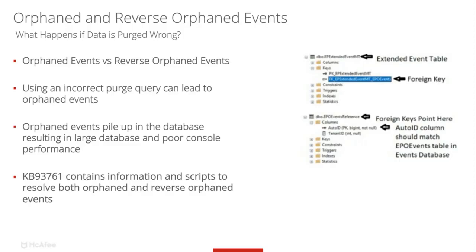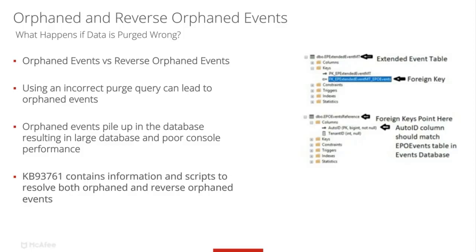That foreign key, which points to the ePO event reference table, has the cascade delete, and what that means is if you delete a row from the ePO events reference table, which is referenced in the extended events table, the corresponding event rows will also be deleted from the EPE extended event table.